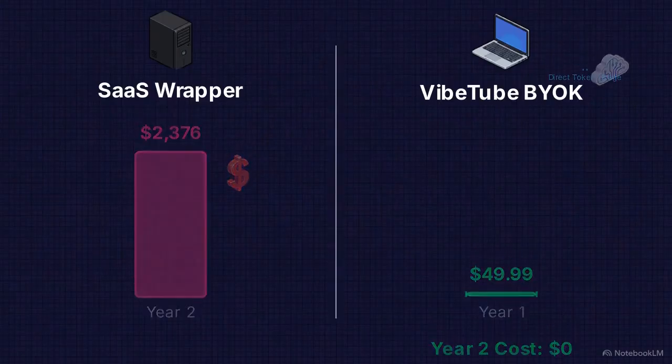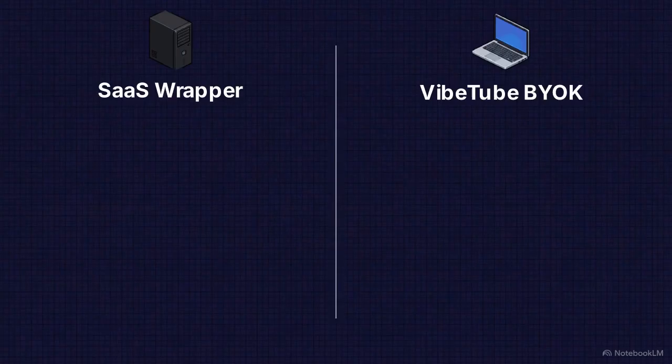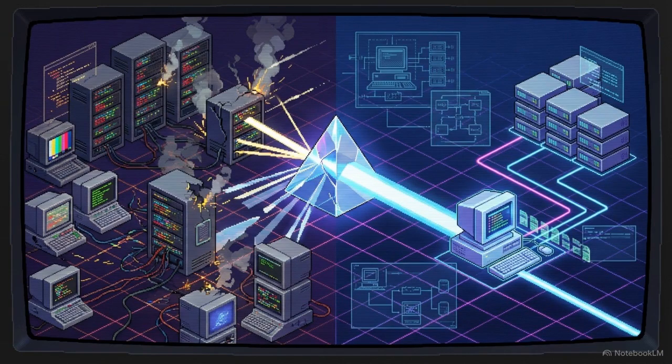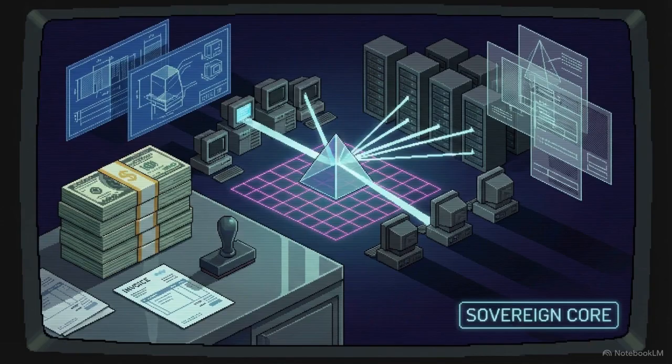That cost reduction is paired with an increase in volume. The subscription service typically yields 2 or 3 content types, while the local matrix yields 19. In terms of human capital, this single localized system mimics the concurrent output of a 6-person production pod, a labor overhead that traditionally costs upwards of $500,000 annually.